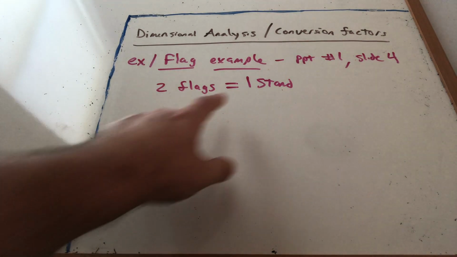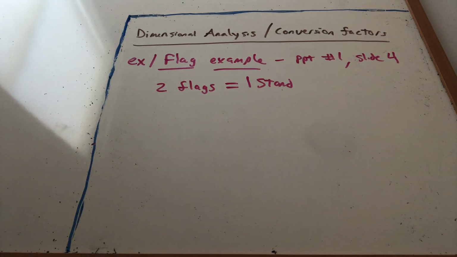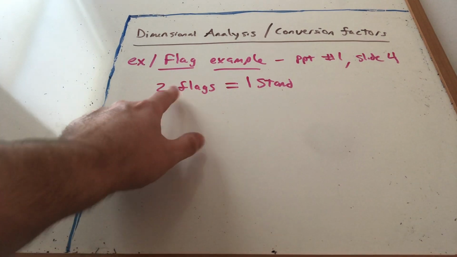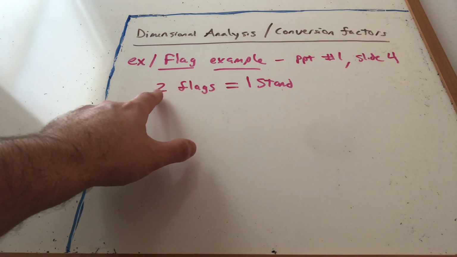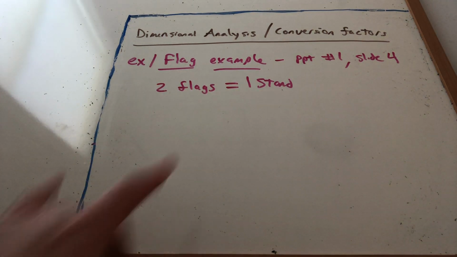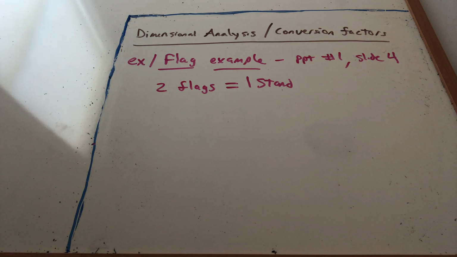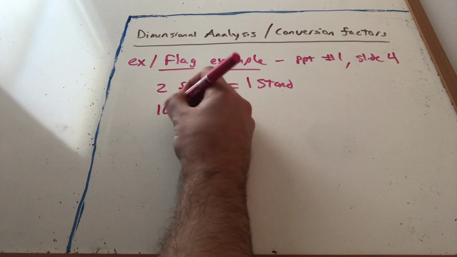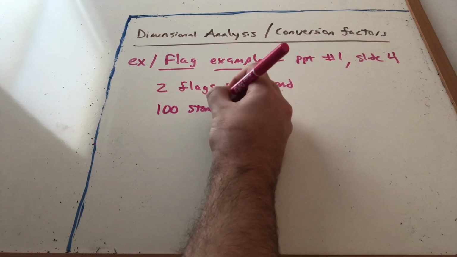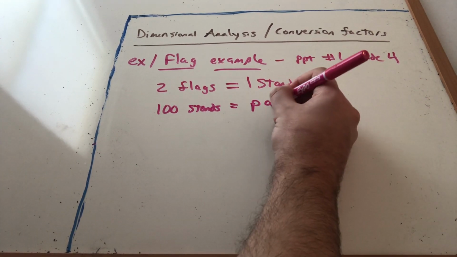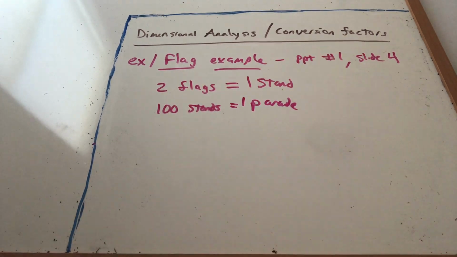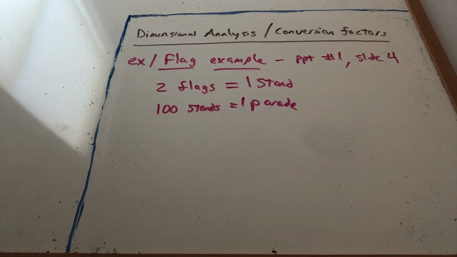That is an equality. One stand holds two flags, so one stand is equal to two flags. Any equality I have, I can build conversion factors from. We also know that there are 100 stands on our parade, in our one parade.